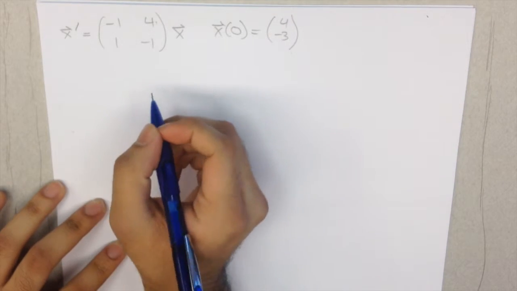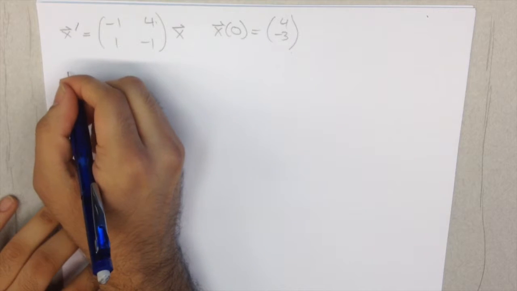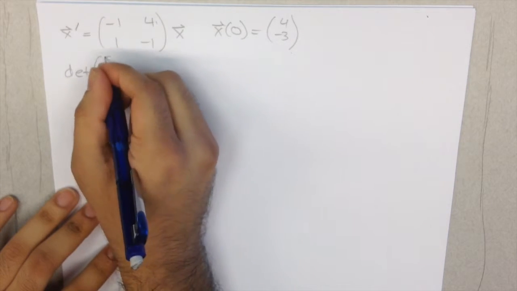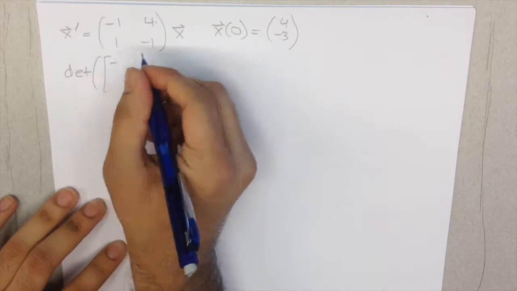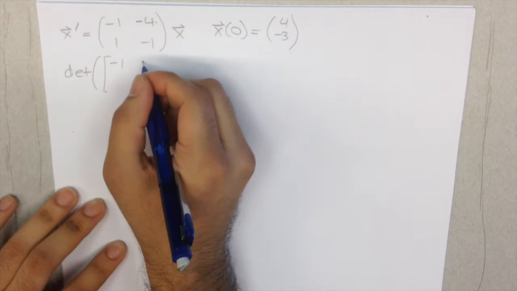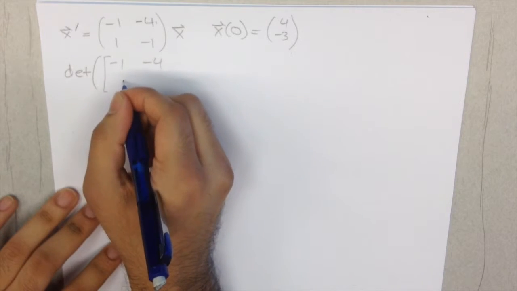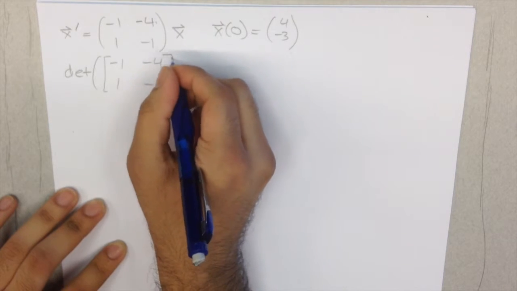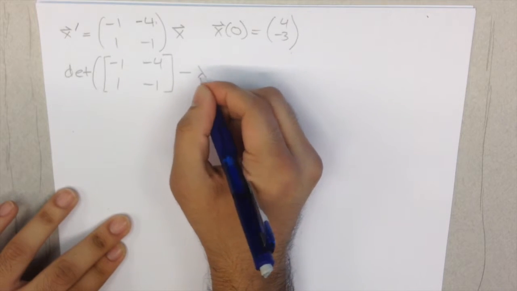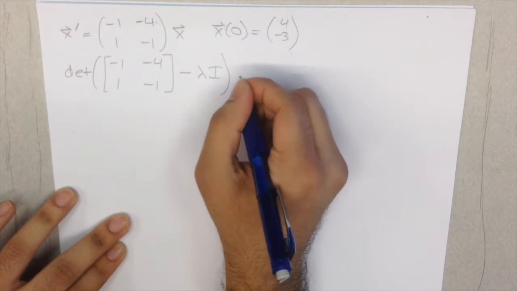First step, we need to find the eigenvalues. So to do that, we say determinant of the matrix -1, sorry, this is -4 right there, -4, 1, -1, minus lambda times the identity matrix.